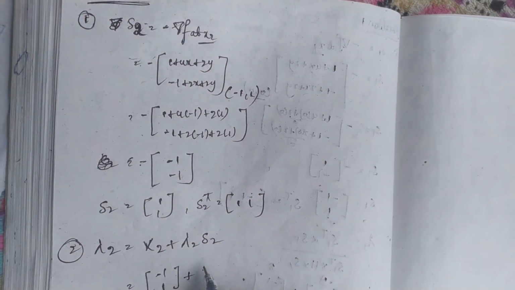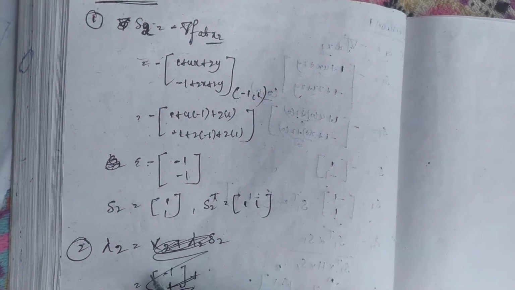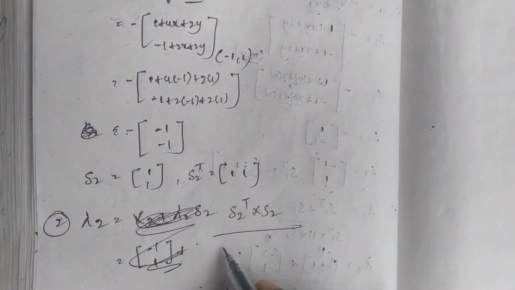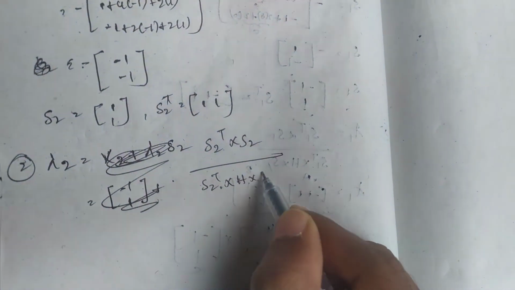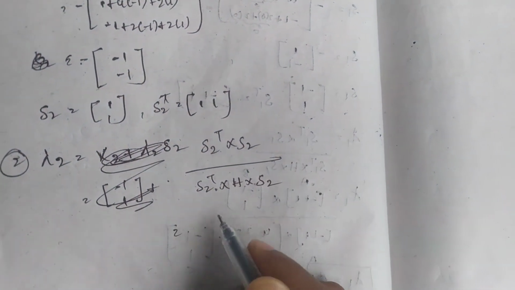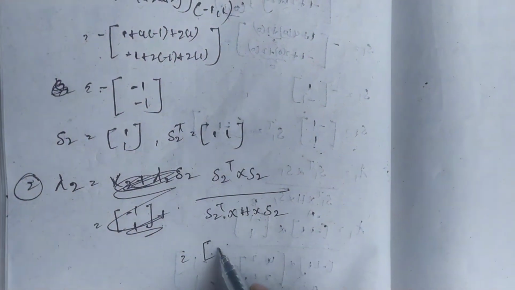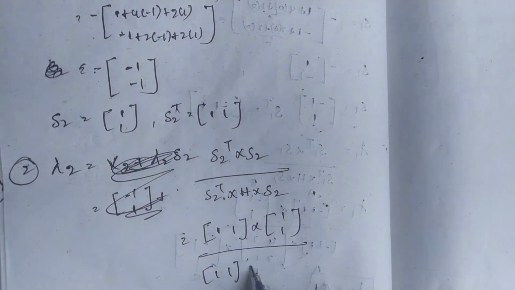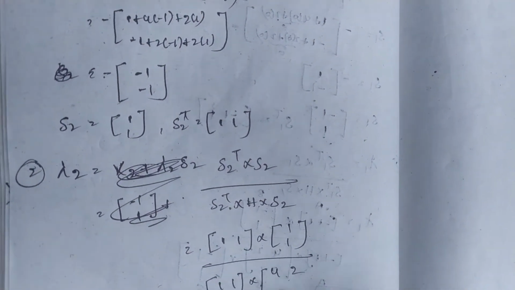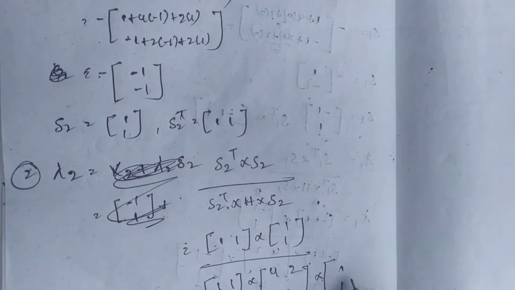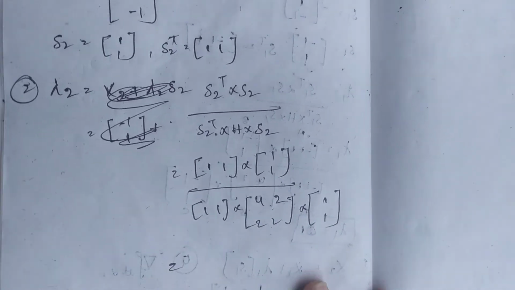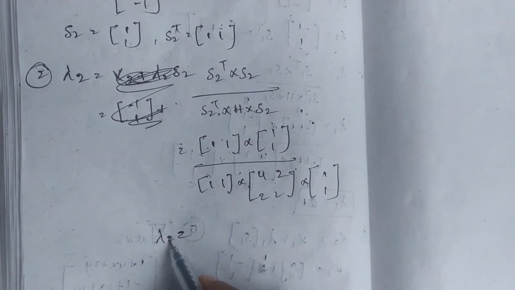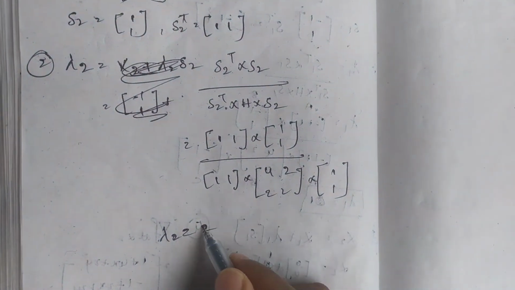Now we have to formulate S2 transpose into S2 by S2 transpose into H into S2. By placing S2, we have transpose 1, 1, into Hessian matrix 4, 2, 2, 2, into 1, 1. By placing in the Cauchy formula, we get this lambda 2 value as 2.